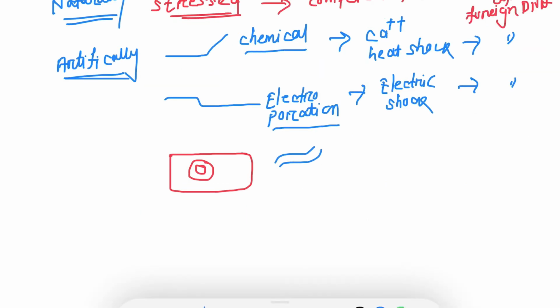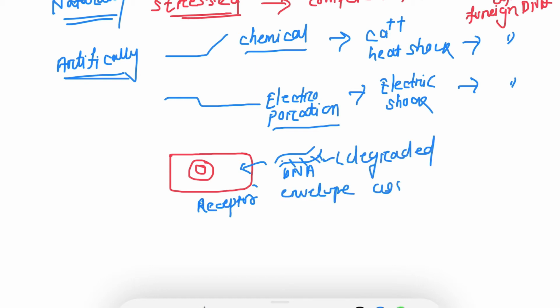Okay, this is the foreign DNA, and this is the bacteria. When the foreign DNA strand is taken up by the recipient bacteria, only one strand moves into the bacterial cell, and the other strand gets degraded by the envelope associated exonuclease.